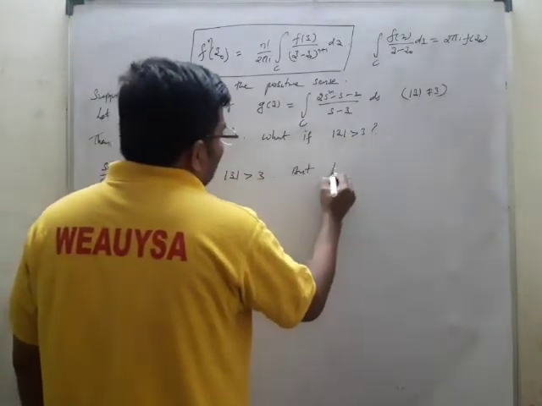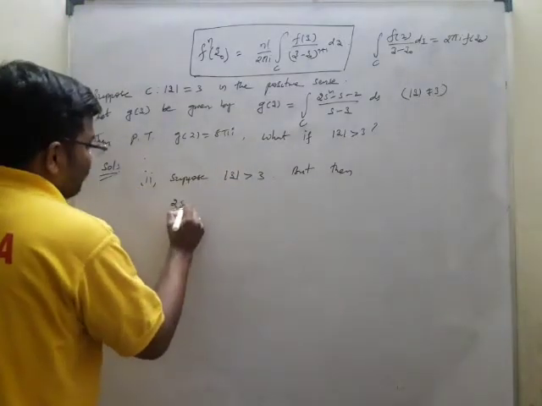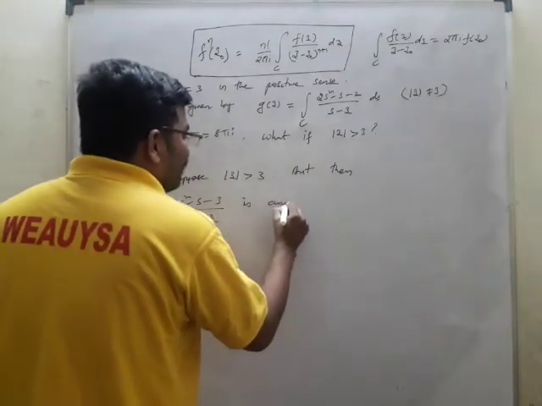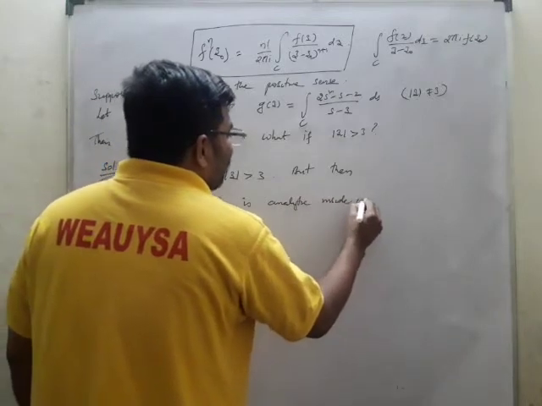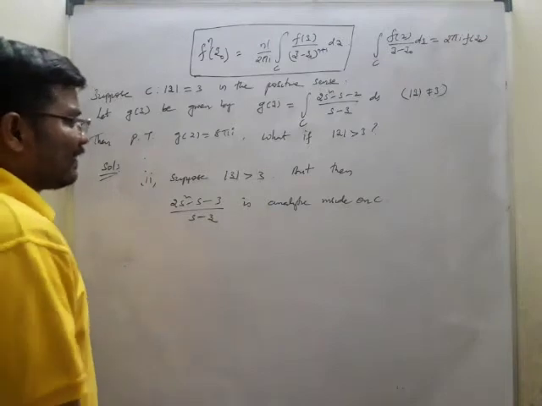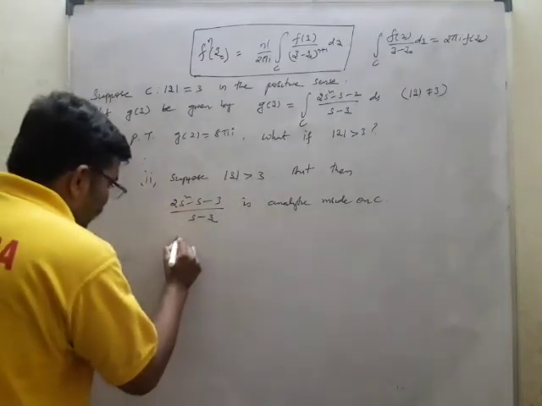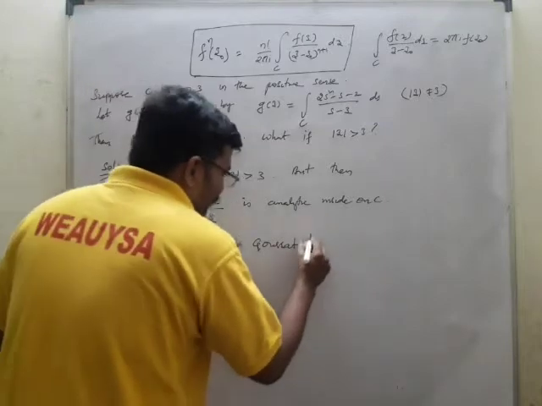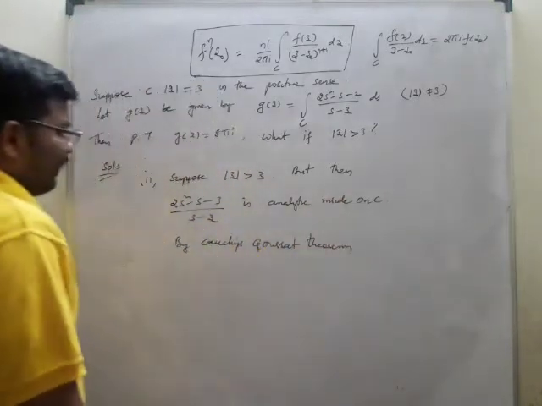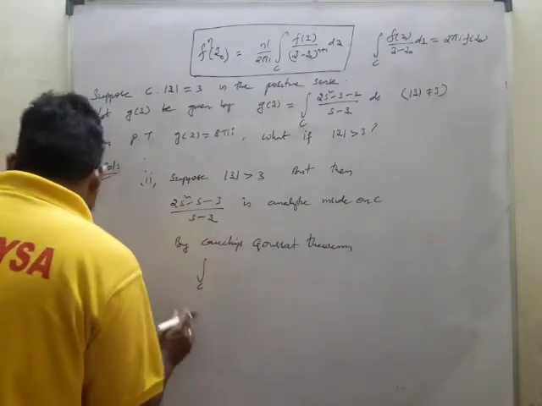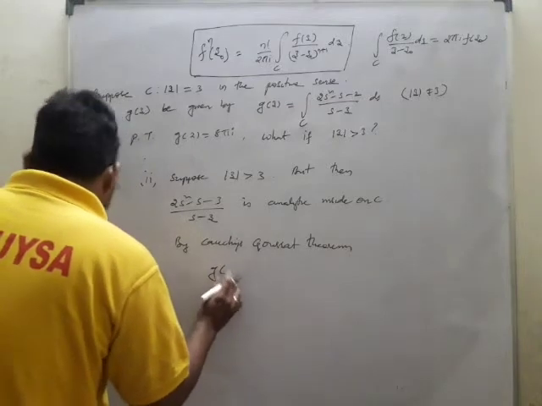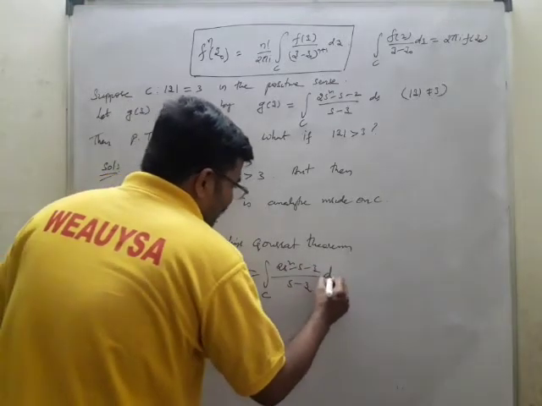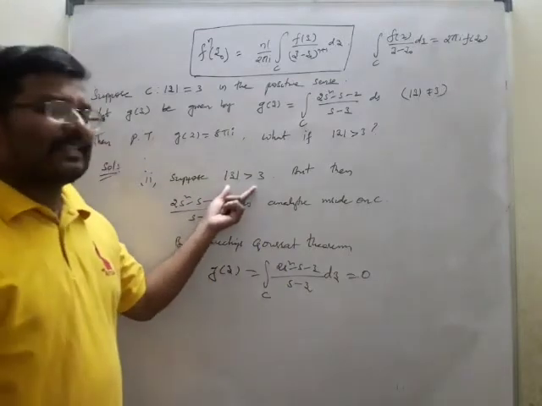But then 2s square minus s minus 2 by s minus z is analytic inside and on C. Whenever this is analytic inside and on C, by Cauchy's Gauss-Seidel theorem, g of z, the integral over C of 2s square minus s minus 2 by s minus z ds, is equal to 0, since mod z is greater than 3.